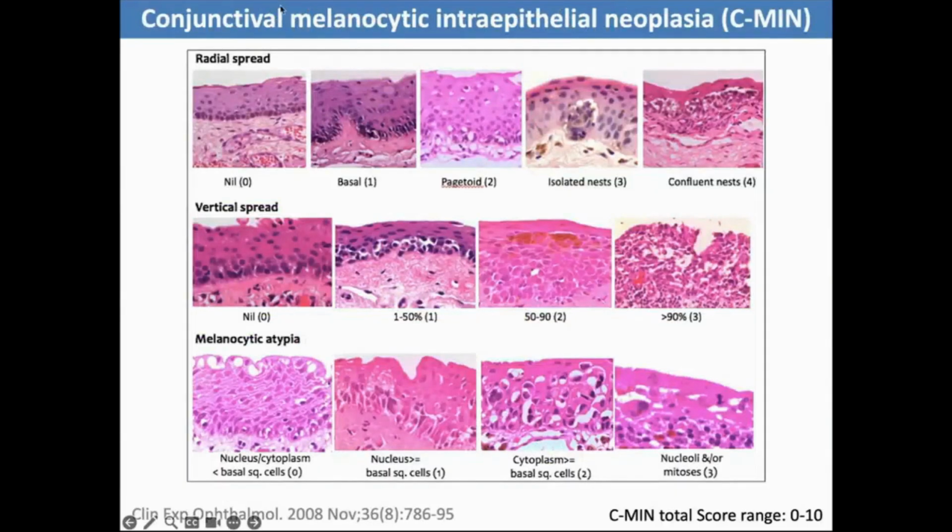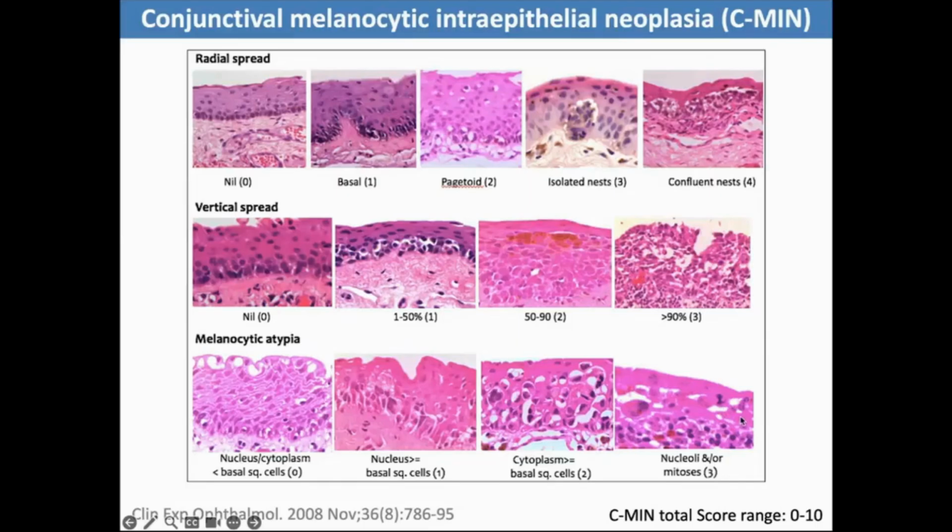Essentially it represents conjunctival melanocytic intraepithelial neoplasia, such that you get a proliferation of atypical melanocytes, which can occur as nests or as confluent nests, as seen here. They can occupy either the basal third or half of the epithelium, or involve a greater width, such that you get complete replacement of the epithelium.